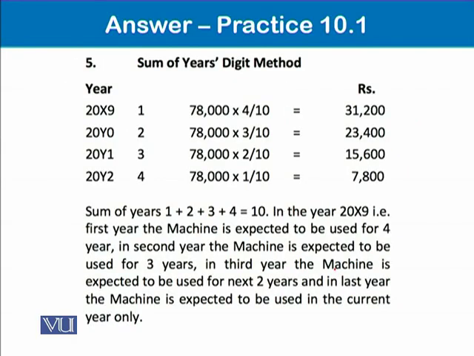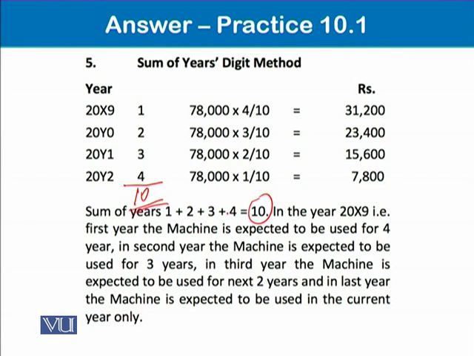And now comes the sum of years digit method. We simply make a sum of the number of years: 1, 2, 3, 4, which are X9, Y0, Y1, Y2. It's a 4 year useful life asset. The sum of 1, 2, 3, 4 is 10.